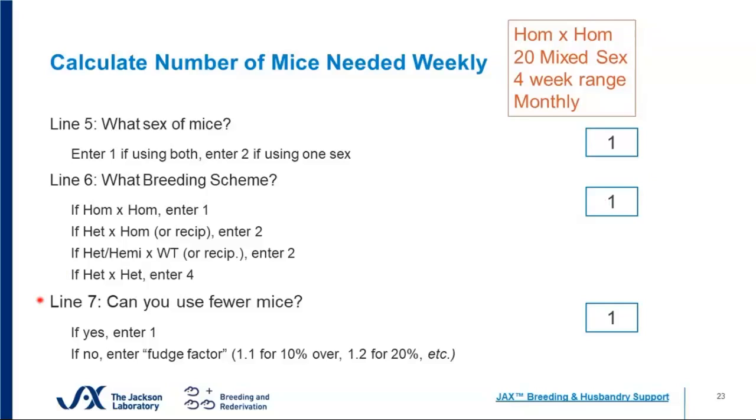If you can, you put in a 1. If you can't, you need to enter some sort of multiplication factor, such as a 1.1 to give you 10% overage, like 22 mice, or 1.2, etc. Some of you may already factor that into this number ahead of time, and if that's fine, then you use the 1. In this example, we're okay using less than 20 mice, so we just put in a 1.